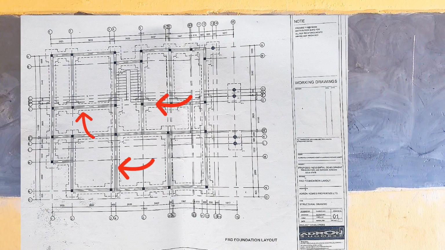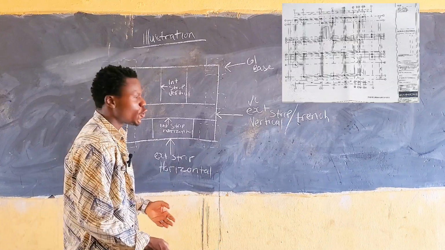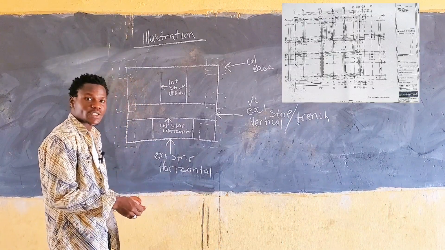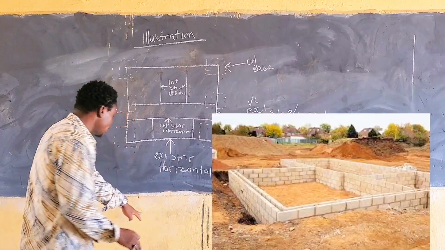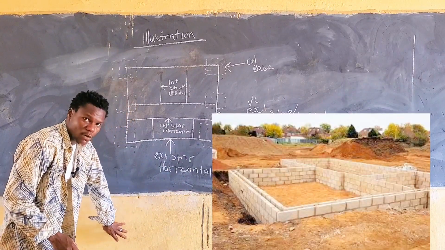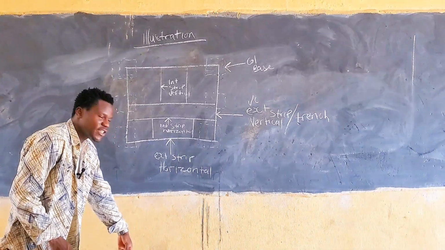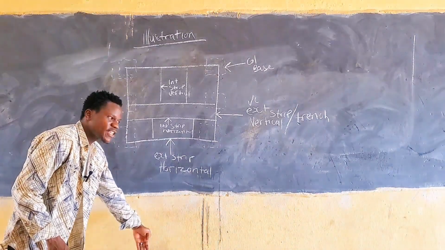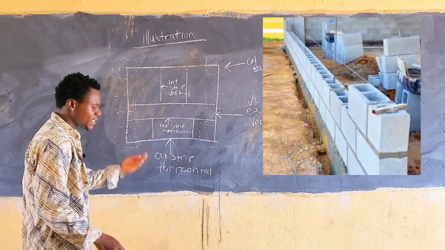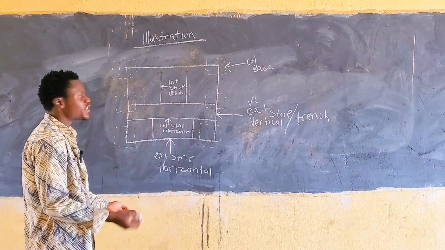These lines are the portion of the building site that will be dug for concrete to be poured and blocks to be laid. All these walls, this physical wall that you can see, at the foundation level, the block is coming from the foundation, but you can't see it obviously because it's a finished building.